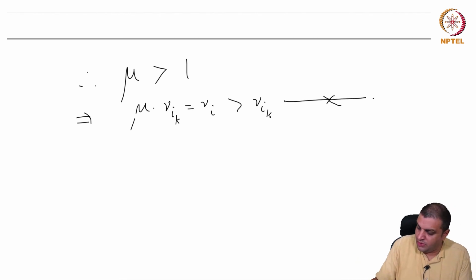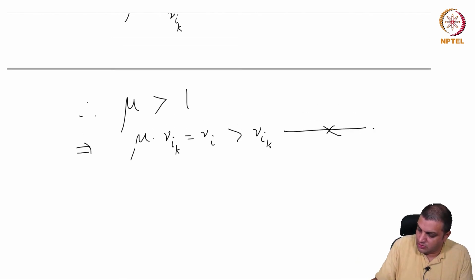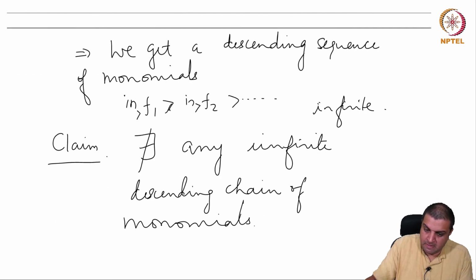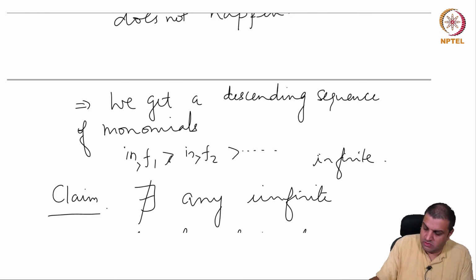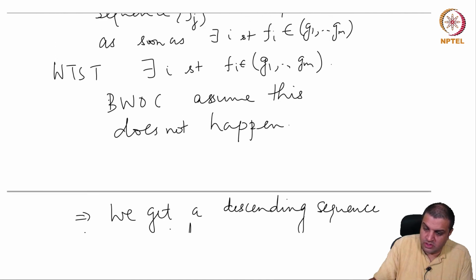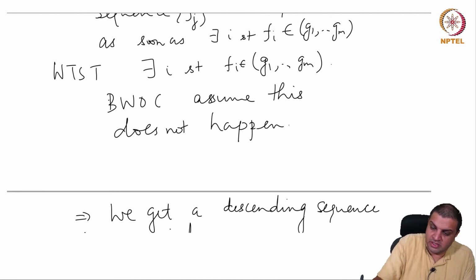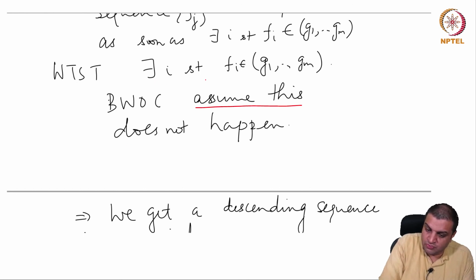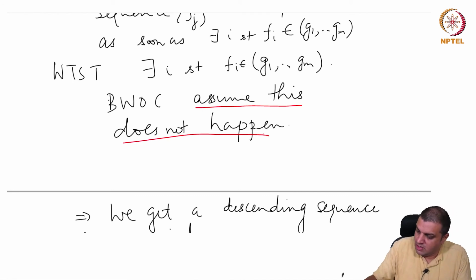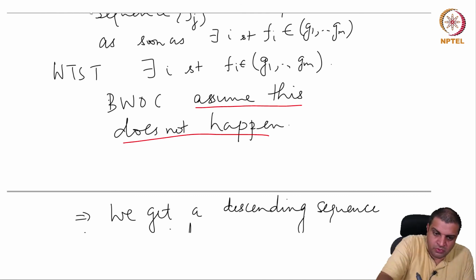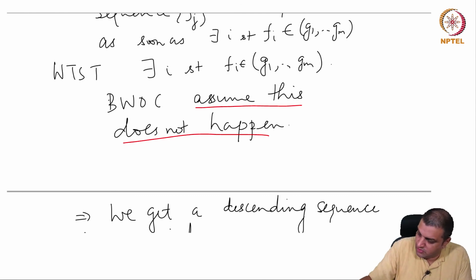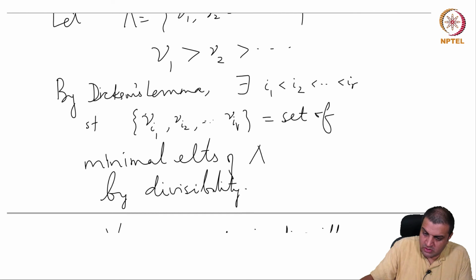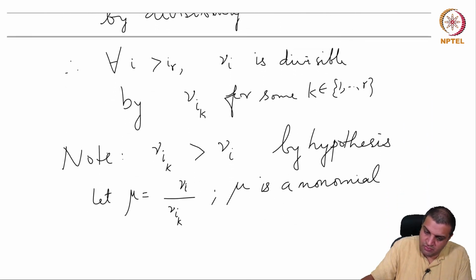And where did we get this contradiction? We got this contradiction by assuming that this does not happen, that for every i, fi is not inside the ideal. When we proceeded with this assumption, we got an infinite descending chain of monomials, which is not possible.